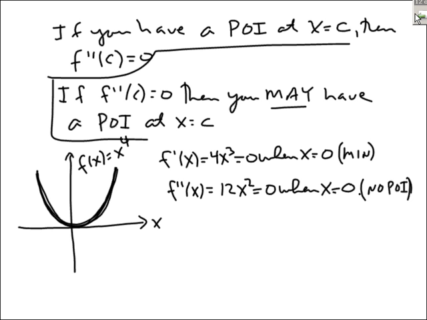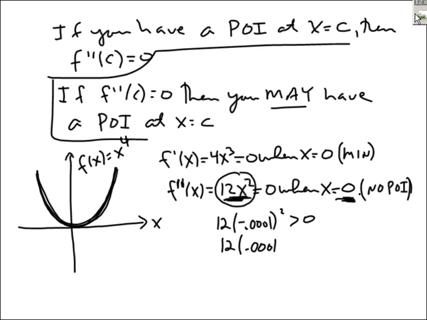Well, the second derivative doesn't change signs at 0. If x is a little bit less than 0, the second derivative is positive: 12 times a very small negative number squared, 0.0001 squared, is positive. 12 times a positive number close to 0 is positive. It didn't change signs at 0.